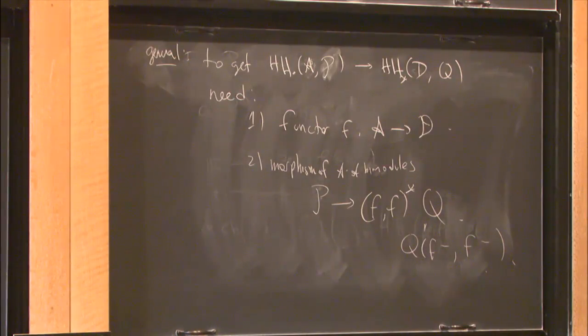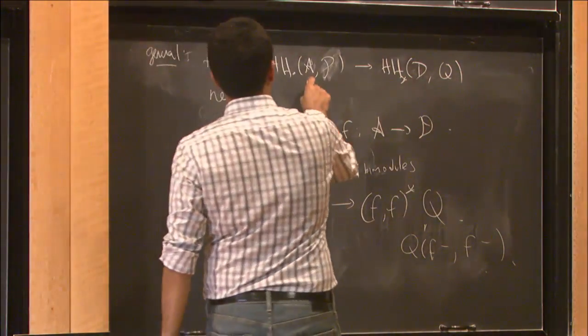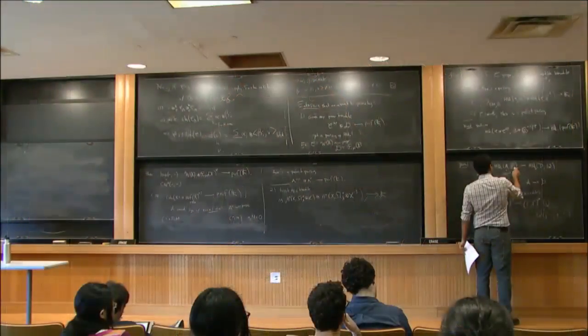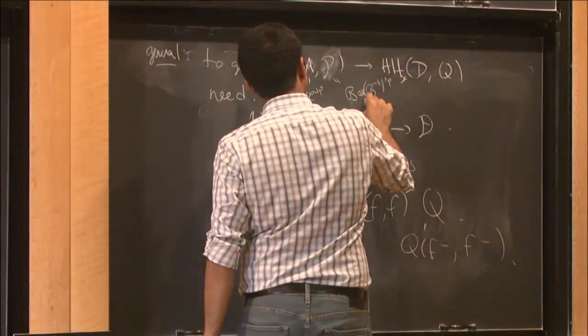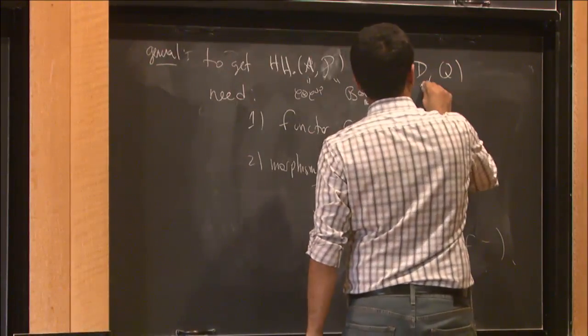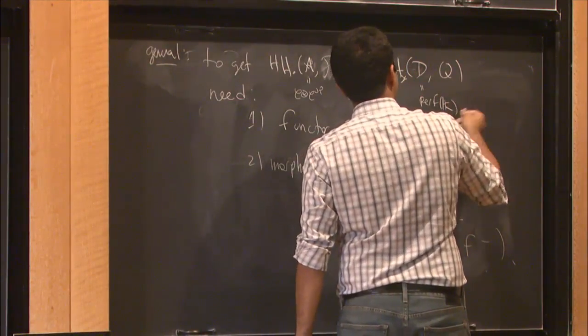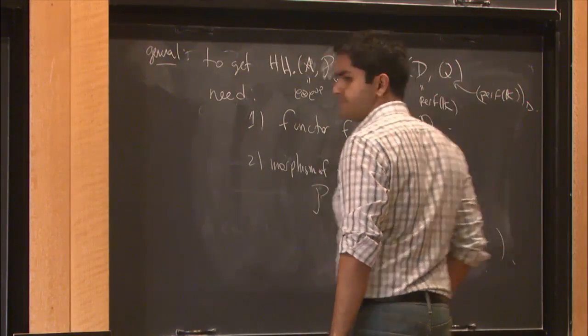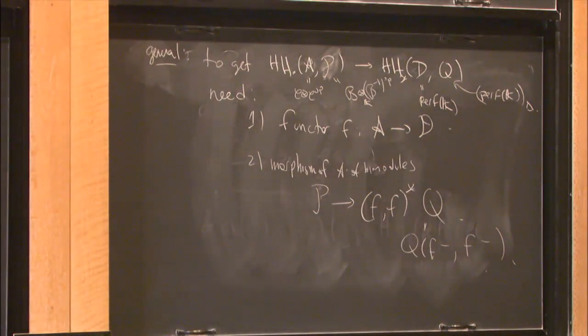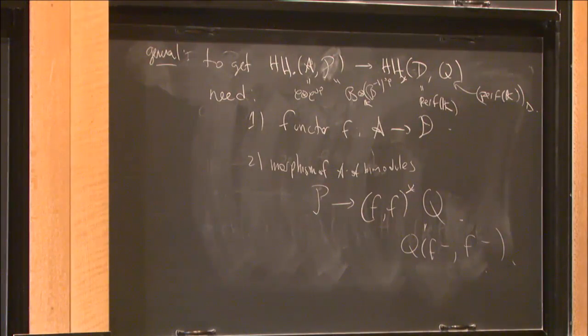I'll attempt to say this somewhat quickly. In our case, A is C tensor C op, and P is B tensor B inverse op. D is perf K, and Q is the diagonal bimodule. So we have the functor, that's as before.